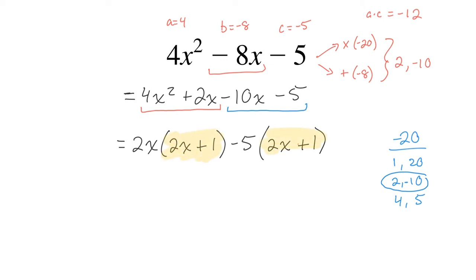We can pull out this 2x plus 1 in each. So we'll get 2x plus 1 as our first binomial, and then whatever is left, this 2x and this minus 5 is left, that is our second binomial. So 2x minus 5. And there you have it, that is factored.